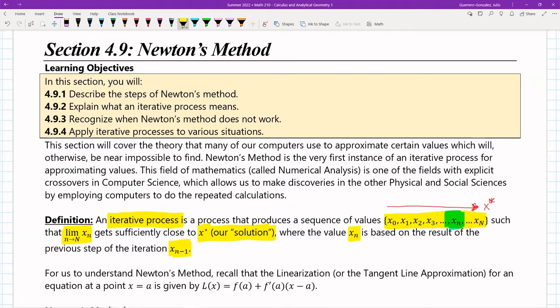Every single number in this list is reliant somehow on the value before, okay? So that's the definition of an iterative process. Newton's method is an iterative process, the very first one ever, okay?